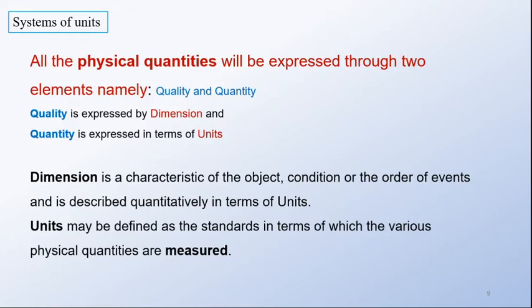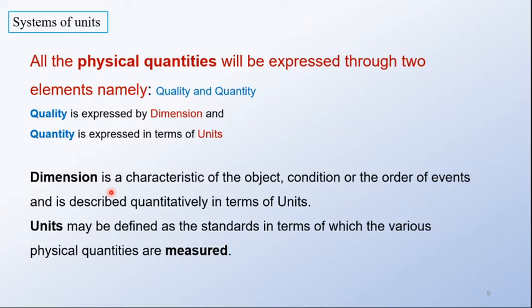What we can say is that all the physical quantities that an engineer comes across will be expressed through two elements: the quality of the physical quantity and the quantity of the physical quantity. The quality is expressed by what is known as a dimension, and the quantity is expressed in terms of what is known as units. What is meant by dimension?